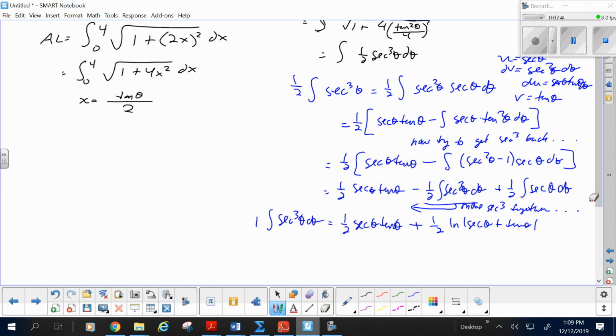So at that stage, I don't know, should I give you a minute? The overall idea of secant cubed is integration by parts, use an identity to get secant cubed back, and then move the secant cubes together. Now, I have a little bit of a problem with the 1/2, which we'll talk about.